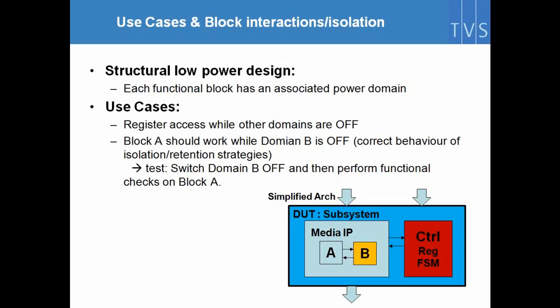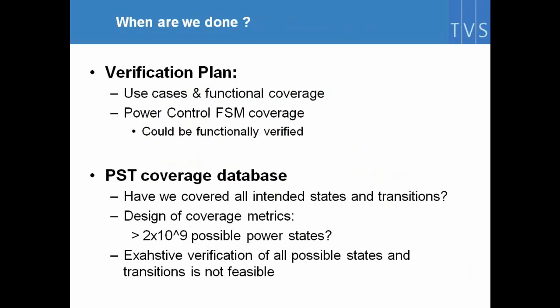So we need to run functional tests which exercise the other blocks surrounding the block B. We developed tests to switch off this kind of block and make sure that there were some use cases running on the block A here.